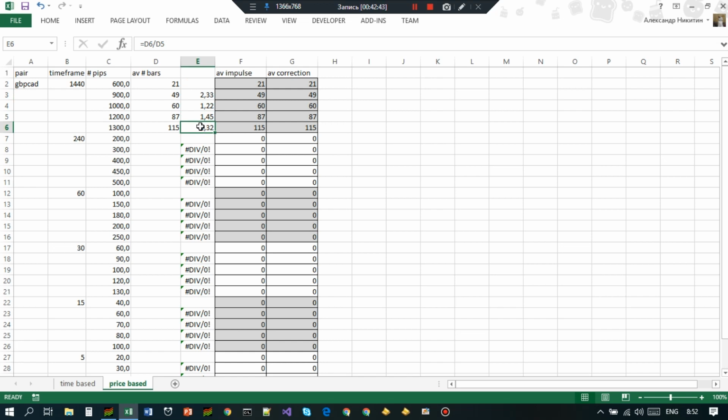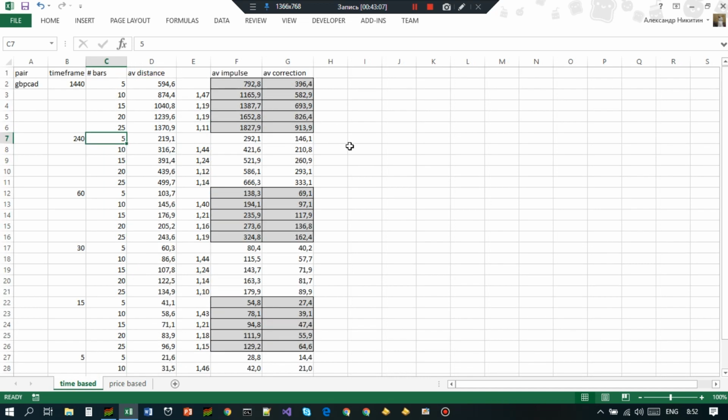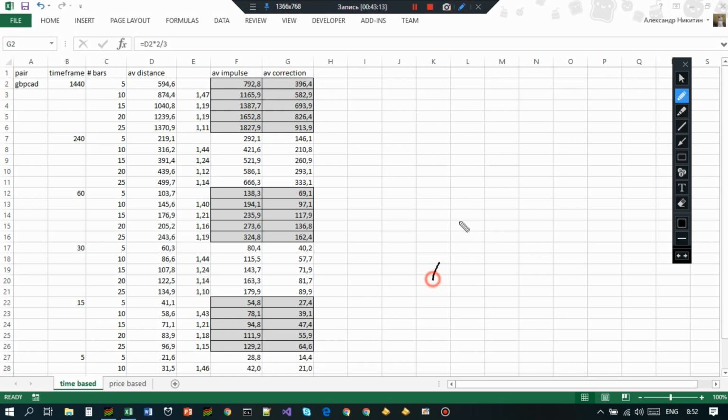Okay, but what we need to do, we have time projection for an impulse, and we have average correction for this. For example, you know that the average swing, if you use this algorithm, let's say 5-period algorithm, is average correction. So how can you use that?